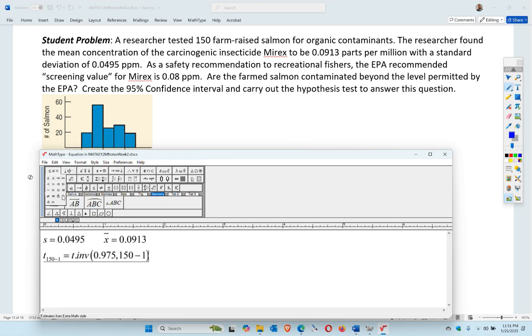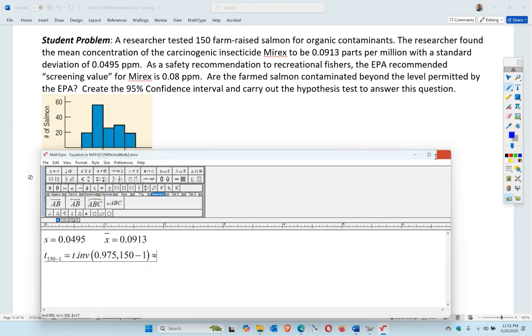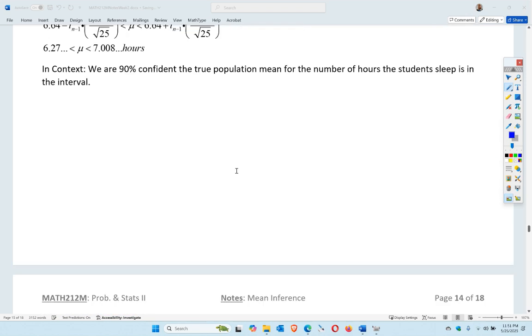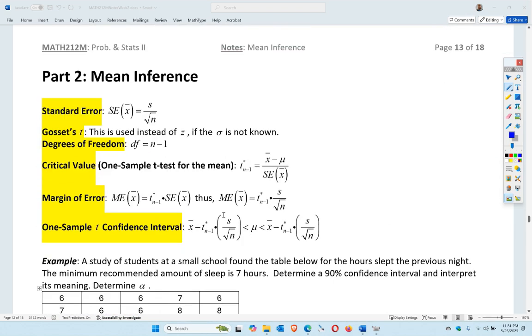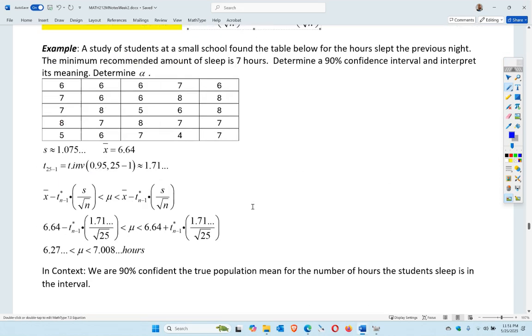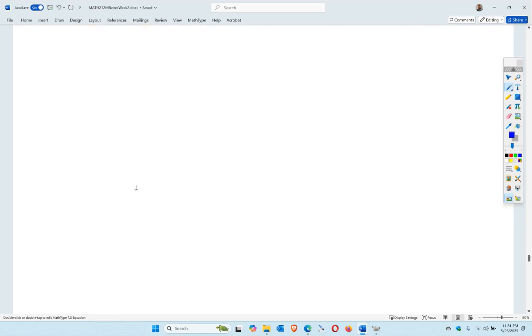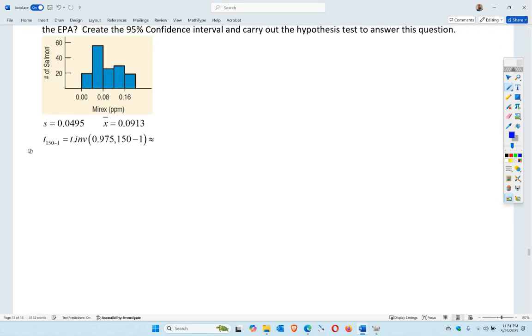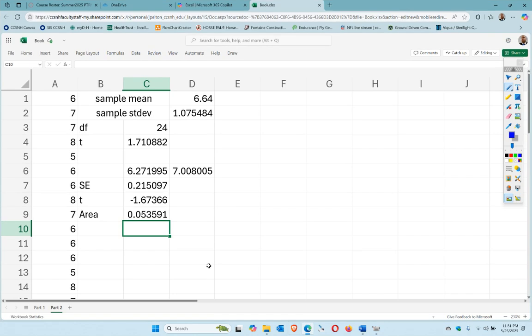So we don't know what this is, but we'll come back to it. I'm going to steal my confidence interval from back here, so I don't have to retype it. Right? Okay, so let's do that. Go back to here.